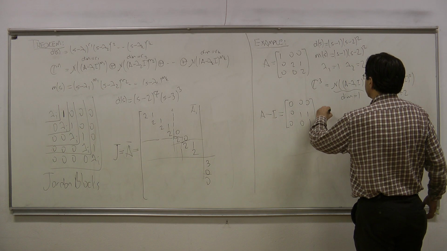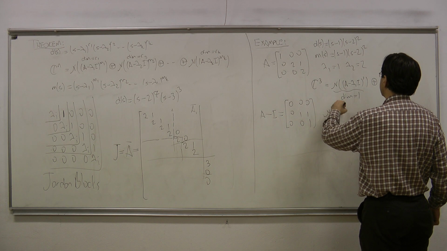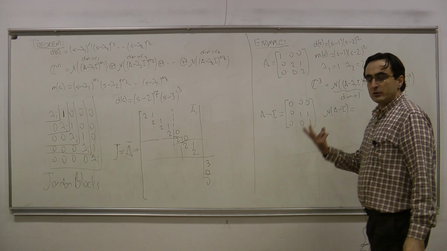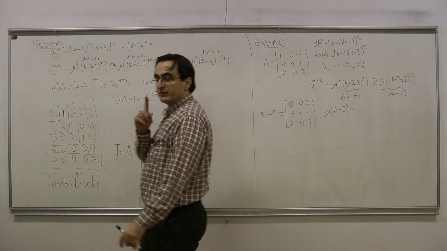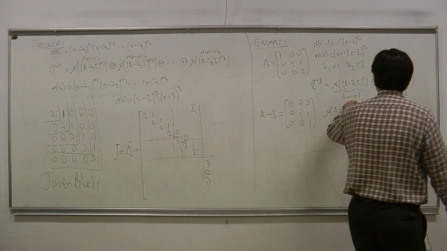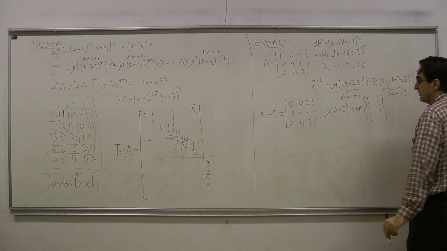So now what about the null space of A - I? This matrix has rank 2. That means that its null space is one-dimensional. As a result, this null space has a basis with only one non-zero vector.